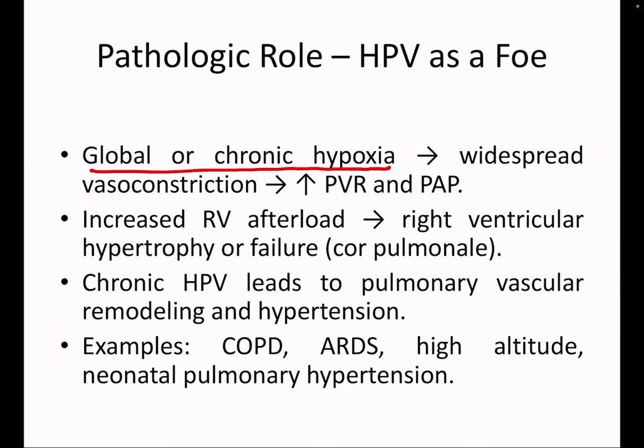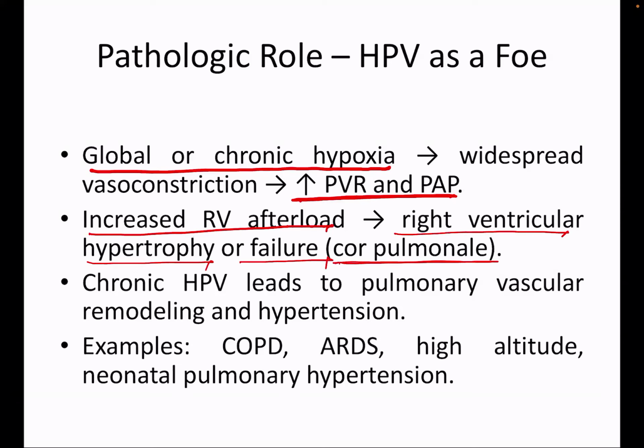If there is widespread vasoconstriction, the PVR will overall rise, the pulmonary artery pressure will rise, there will be increased RV afterload, and eventually RV hypertrophy and failure, that is cor pulmonale, as I already discussed. So chronic HPV leads to pulmonary vascular remodeling and hypertension. Examples are COPD, ARDS, high altitude.